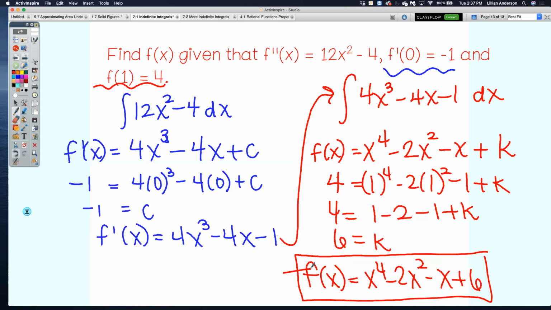And instead of 6, it would have been k, a different constant. Okay, so if you're not given the particulars about the original function or the first derivative, you can still find a general original function. You just would have variables to represent those coefficients for those constants.